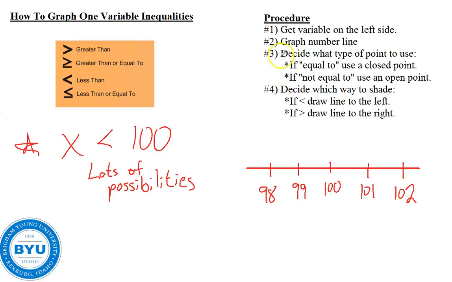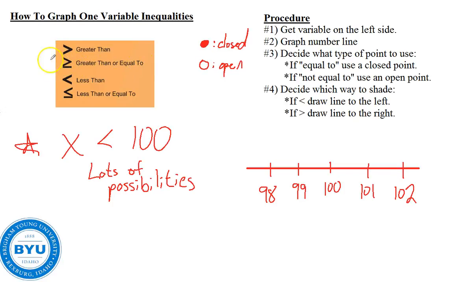Cool. The next thing I need to do is decide what type of point I'm going to use. There's two types of points when graphing inequalities. There's closed points and then open points. This is called a closed, and this is open. And we use these depending on what type of inequality we have. If it's an equal to, then we're going to use closed.